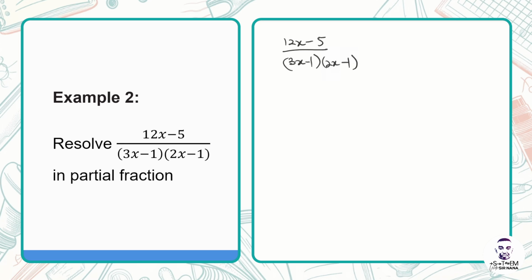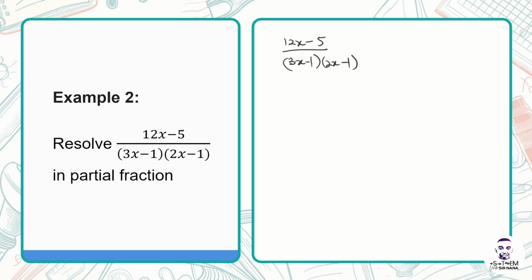The first thing we do when decomposing rational functions is to consider the denominator and ensure that you know the type of denominator that you have. In this case, we have linear factors, because when we equate them to 0, we will get linear answers. The factors are not the same, but they are linear and distinct.